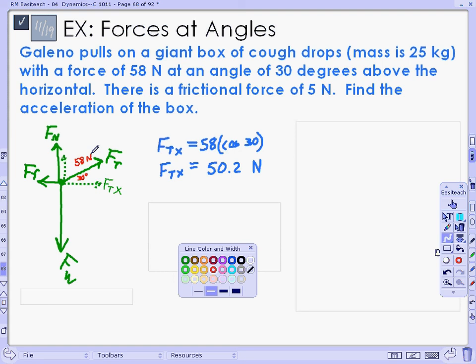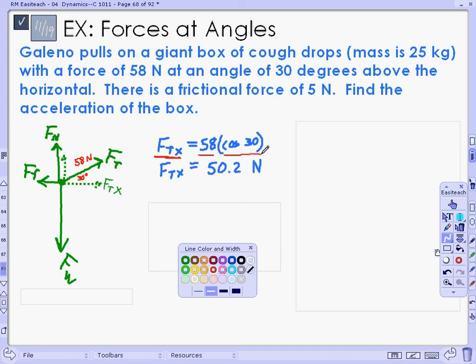So look, to get the Ft sub x, I just do 58 times the cosine of 30, using the sine and cosine rules. That is probably the hardest part of this problem, is knowing how to get the horizontal component and knowing that you should get the horizontal component.